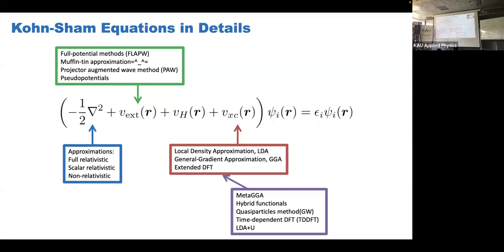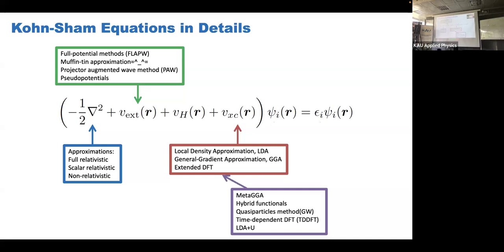In some programs such as Quantum Espresso, we can deal with each part of this equation. For kinetic energy, we have approximations like non-relativistic, where we just take the Schrödinger equation. Scalar relativistic means that we take the Dirac equation with some relativistic electrons.